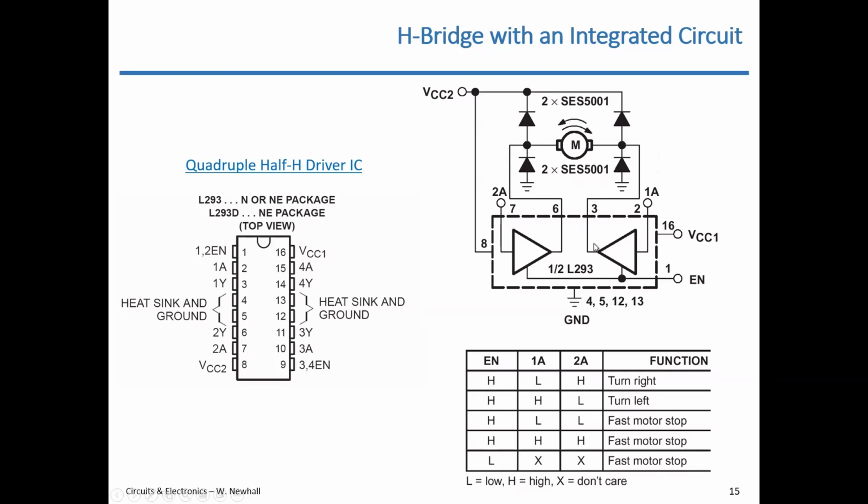You control the output pin 6 and pin 3 with the inputs pin 7 and pin 2. Here you can see the truth table. If you hold the enable pin high, then this is how you would control the motors: turn left, turn right, and stop the motor. These diodes are important.